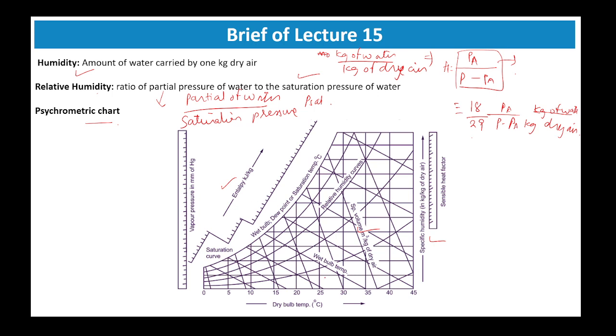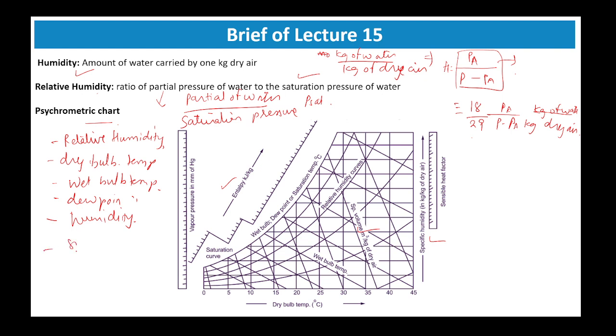Here what is required is you just need two data points, and from that any other data points can be found: relative humidity, dry bulb temperature, wet bulb temperature, dew point temperature, humidity, specific volume, and also the enthalpy of that air, etc.